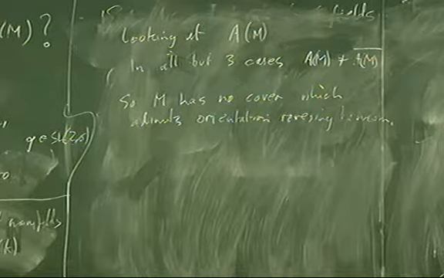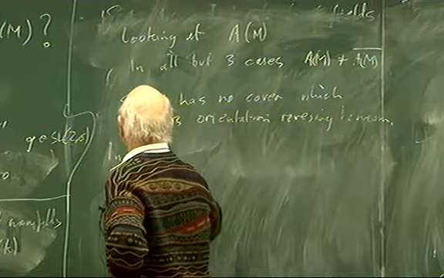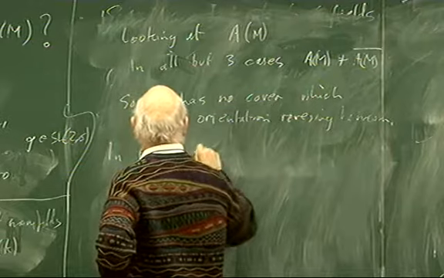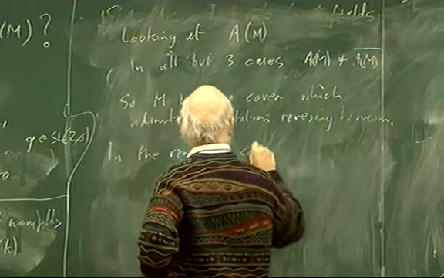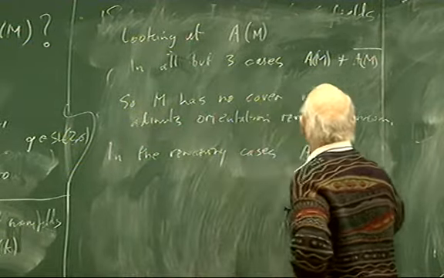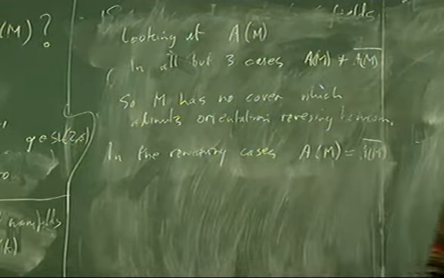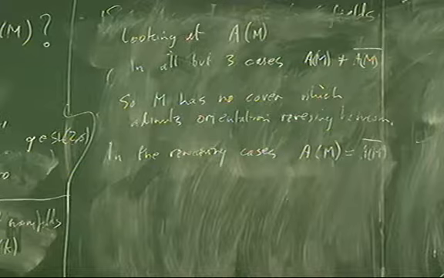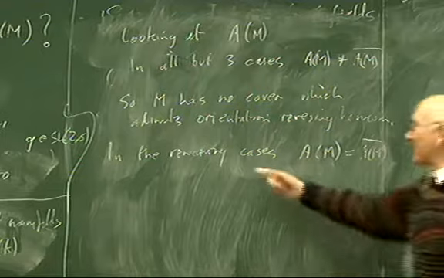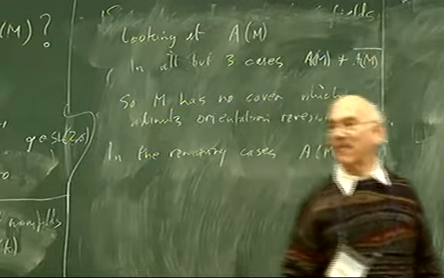And in the remaining cases, where A of m is actually equal to A of m conjugate, a priori we don't know. But it happens that these 3 cases are arithmetic.